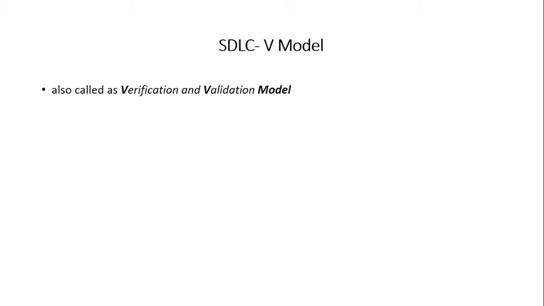Now what is verification? Verification is an intermediary step which is used to check whether the desired functionality of a particular phase is done properly or not, right? That is, we need to verify it.